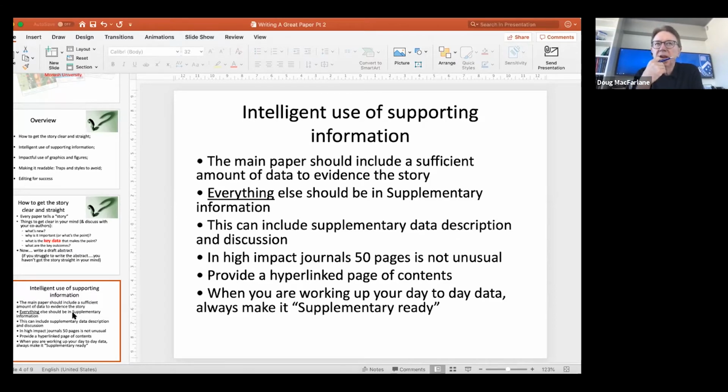Along the way there, it sometimes becomes either necessary or advisable to put a bit of discussion into supplementary. There's no harm in that.